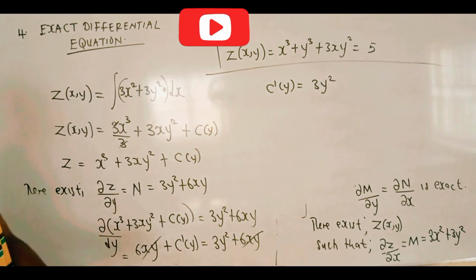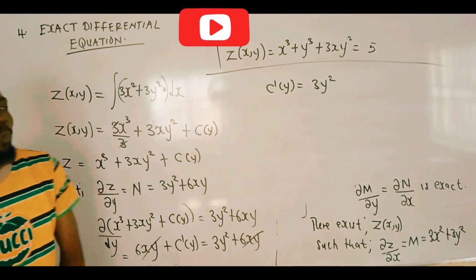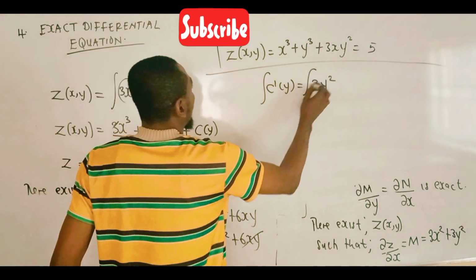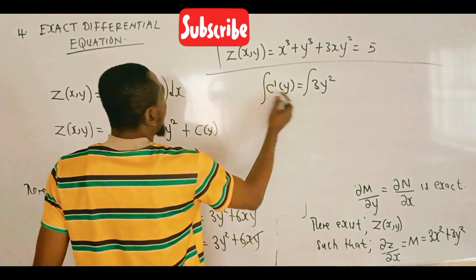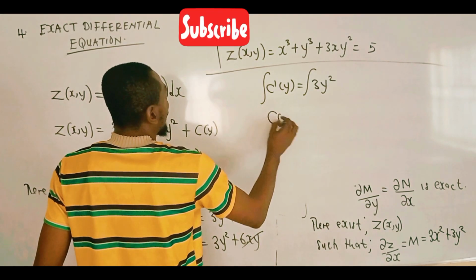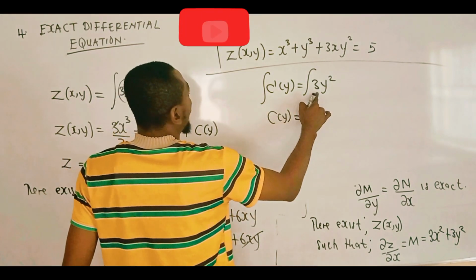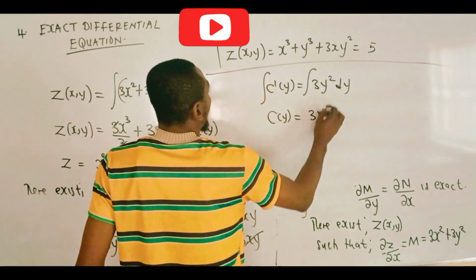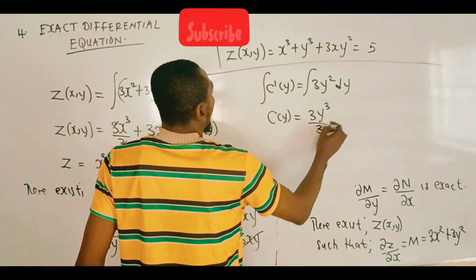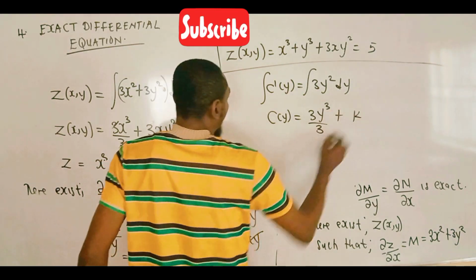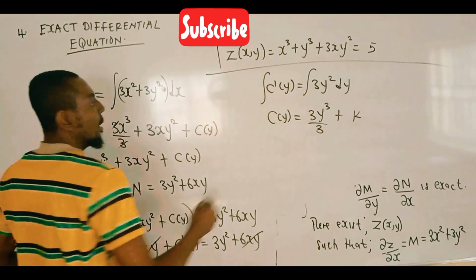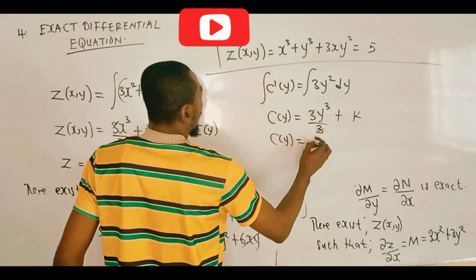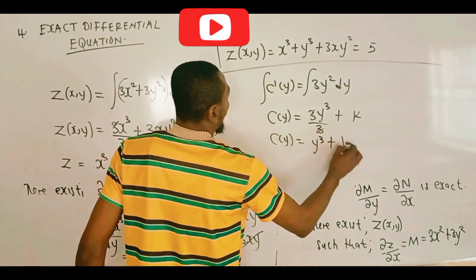Since what we're looking for is c of y and not c prime of y, we're going to integrate both sides with respect to y. Integrating this with respect to y will give us c of y. Then integrating this with respect to y will give us 3y cubed over 3 plus k, some constant k, and 3 cancels 3, so that c of y is equal to y cubed plus k.